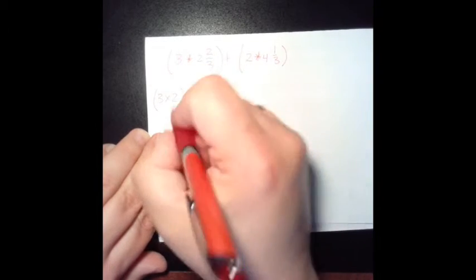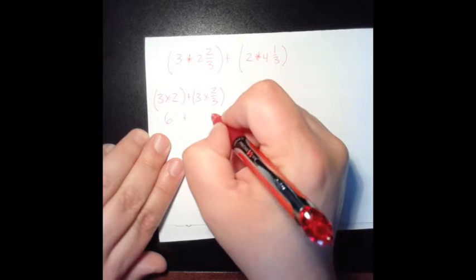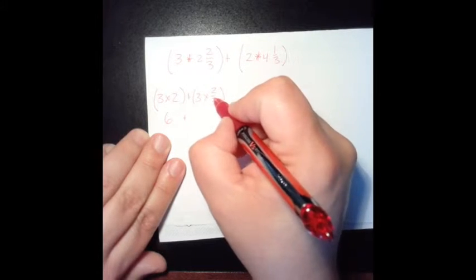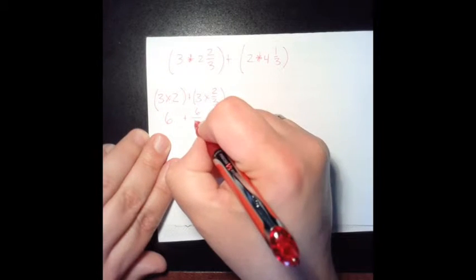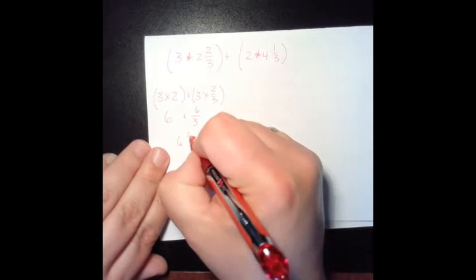So 3 times 2 is 6. And 3 times 2/3, well, we know that we take 3 and multiply it by 2 and keep our denominator the same. So 3 times 2 is 6 thirds. So that equals 6 6/3.